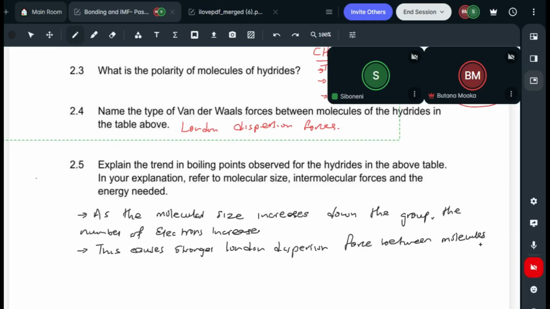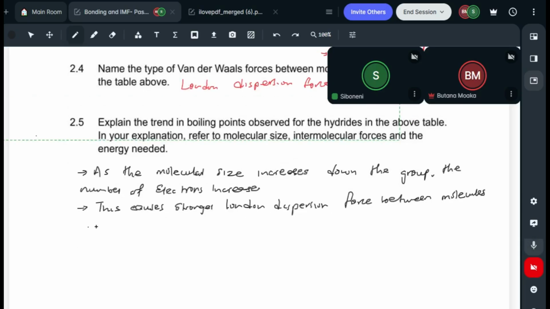And then what can we say about the energy? More kinetic energy is required. Exactly. More energy is needed to overcome the forces between the molecules. And therefore the boiling point increases.